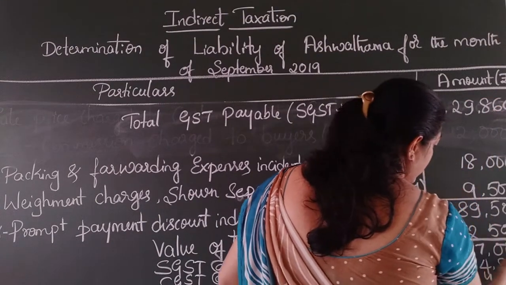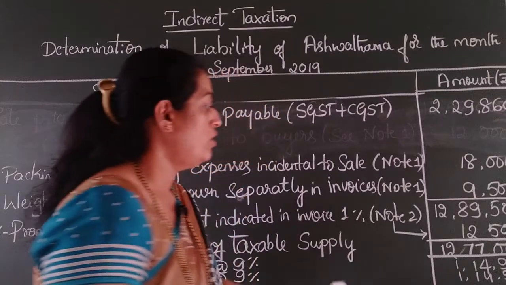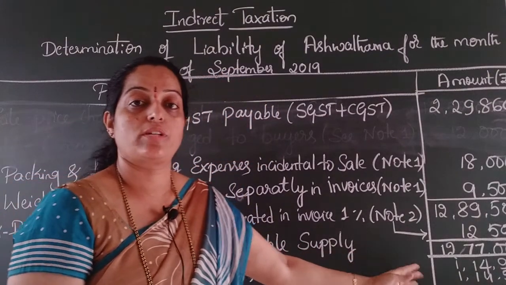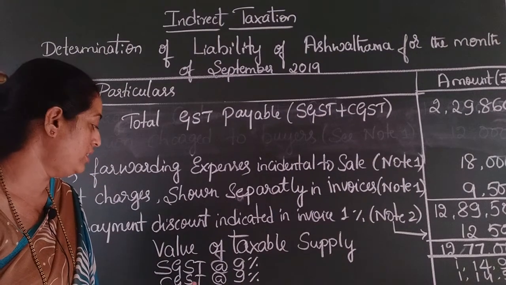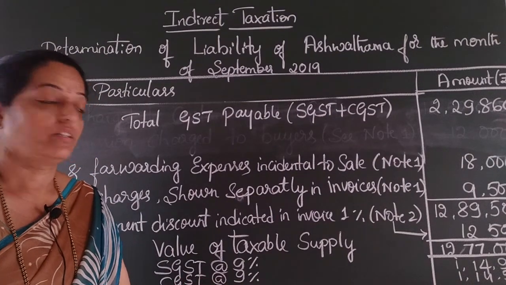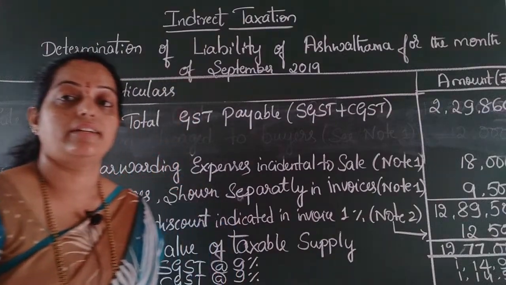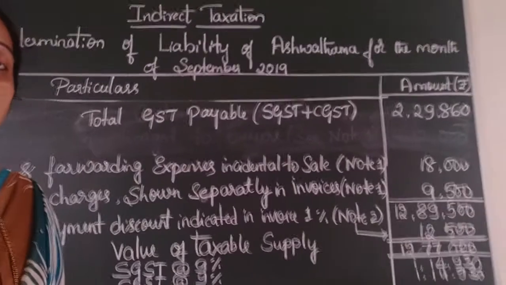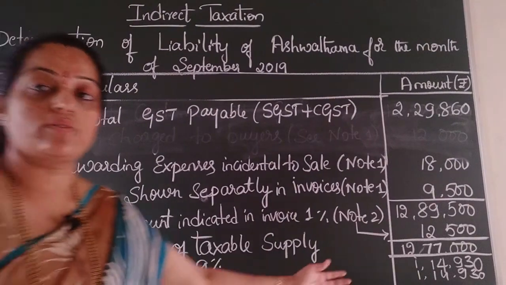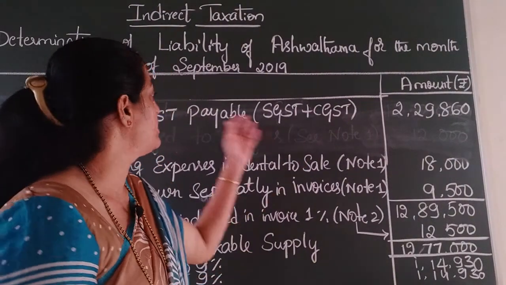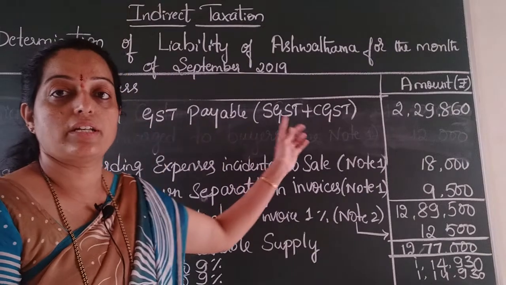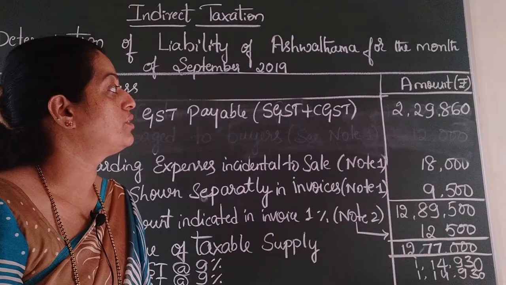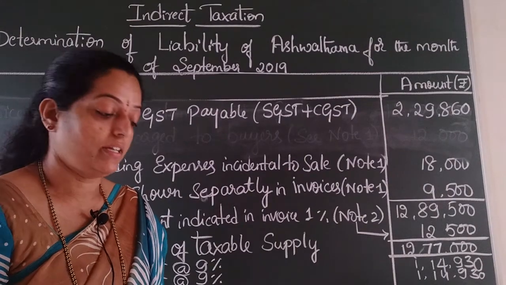So value of taxable supply becomes 12,77,000 and SGST is 9%, that is 1,14,930, and CGST is 9%, that is 1,14,930. The total GST payable, that is SGST and CGST, we add that amount, 2,29,860 is the answer.